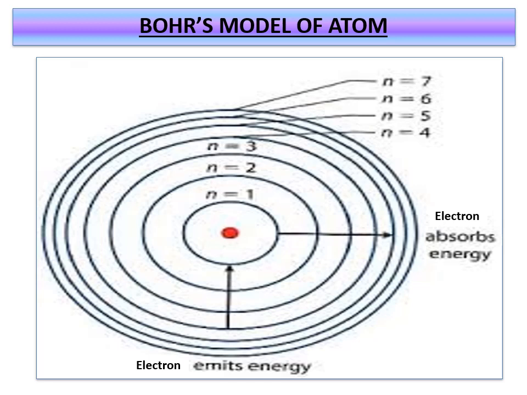It should emit energy. When an electron is jumping from the first shell to the fifth shell, it should gain energy because it is moving from a lower to a higher energy level. It should absorb energy. That's what I told theoretically, and this is the picture related to that. Understand clearly, children. I hope you have understood up to here.